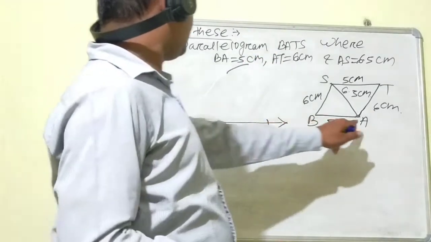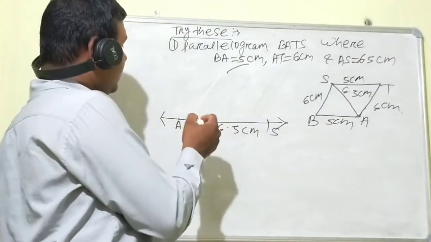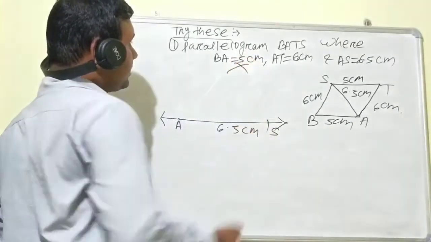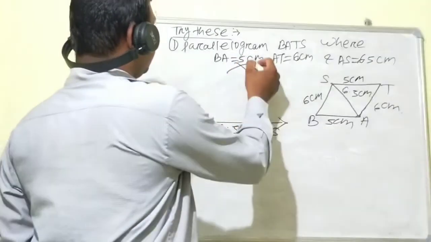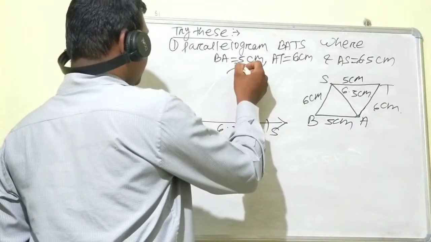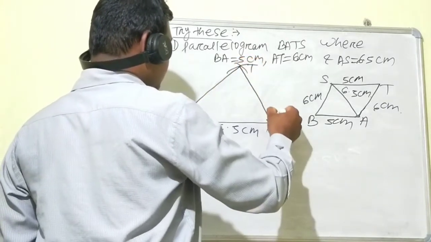Then AT is 6 centimeter, we measure and keep the compass tip at point A and cut it. They will intersect at a point, that is T. Then next we have to join T to A and T to S.